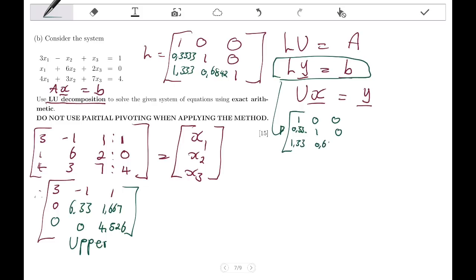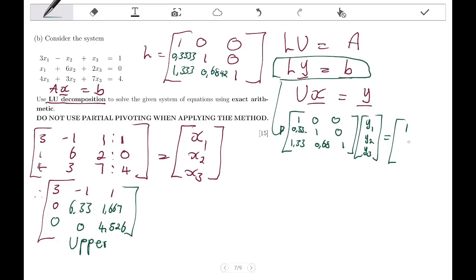Then multiply by y1, y2, and then y3. And then this is equals to b. So our b given is 1, 0, and then 4.